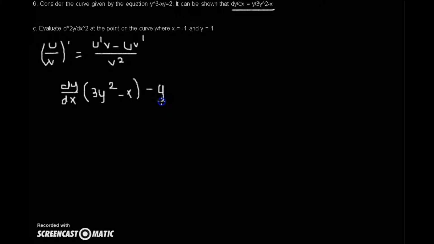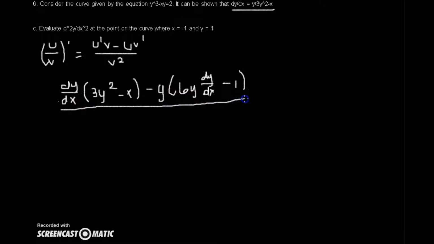minus y, parentheses 6y dy over dx, minus 1, over v squared.